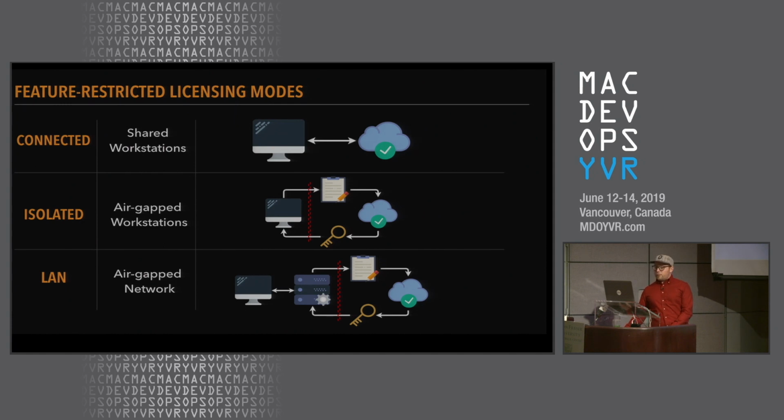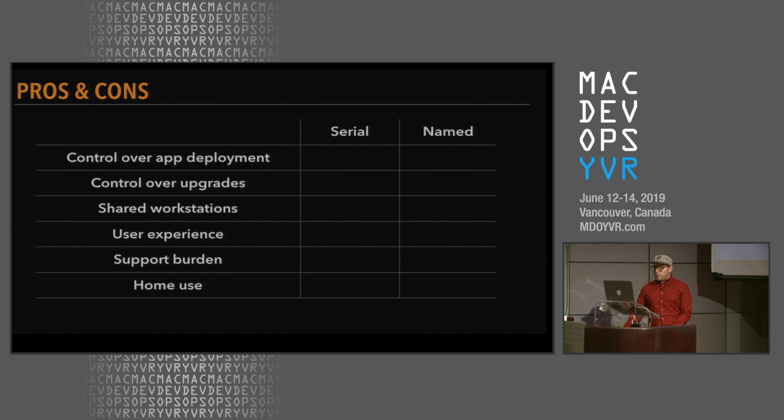So enough about FRL. I'll talk a little bit about the pros and cons of the serial and named thing. As far as control over app deployment, serial is a lot better. You're packaging stuff up and deploying it yourself, so you have pretty much all the control you could ever want or need.